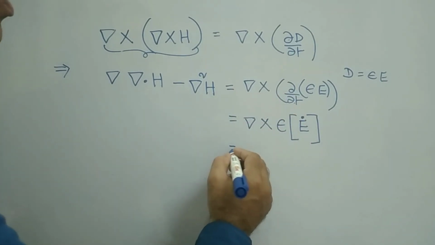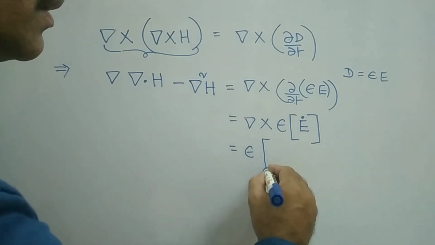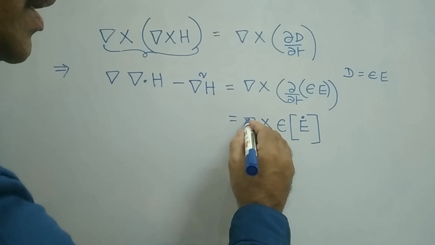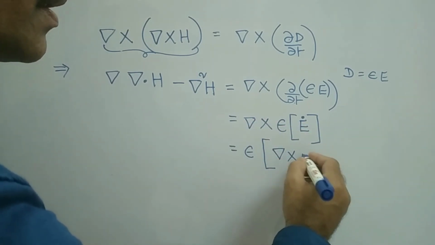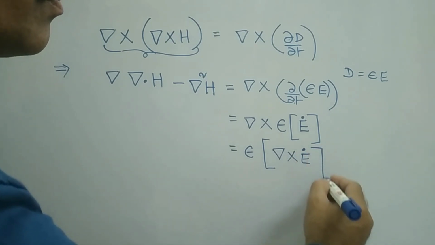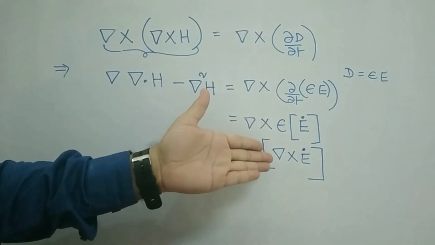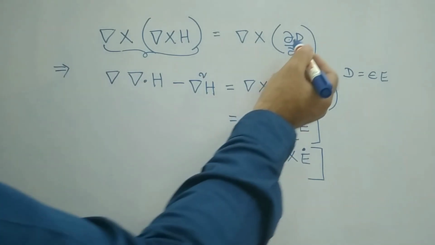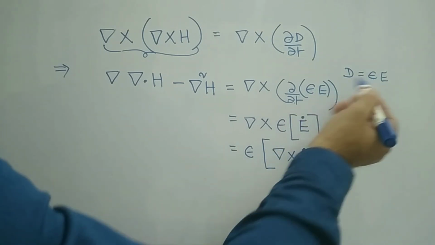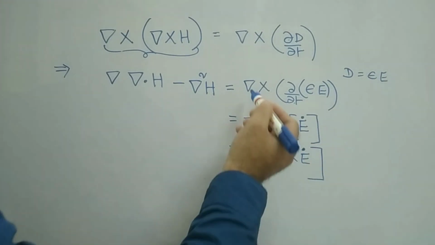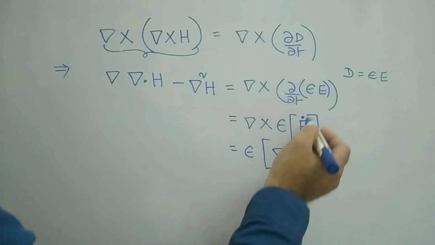Therefore, since epsilon is a constant, you take epsilon outside, and then del cross E dot, which you can put in brackets. This is a simplification: in place of D, I simply substituted epsilon E, took the constant outside, and dou by dou t of E is E dot.